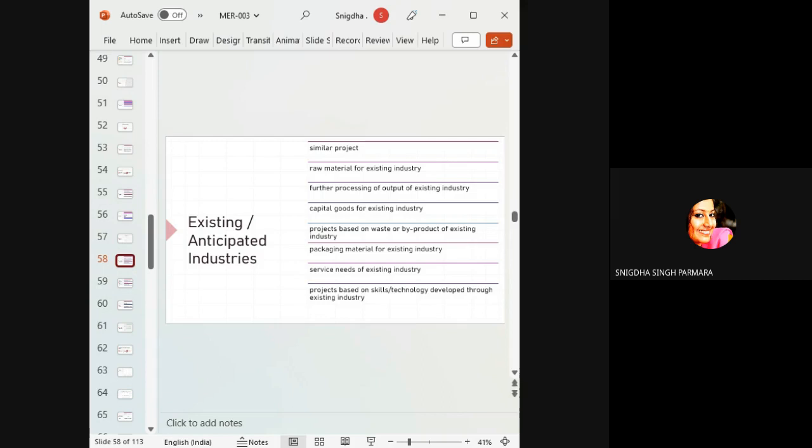So if there is a similar project, raw material for the existing industry could be figured out easily.